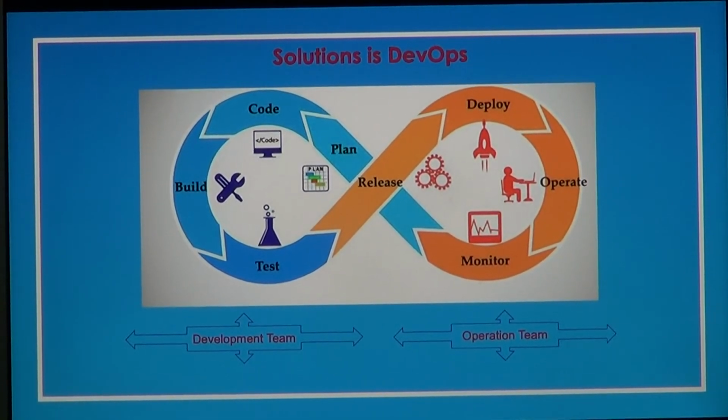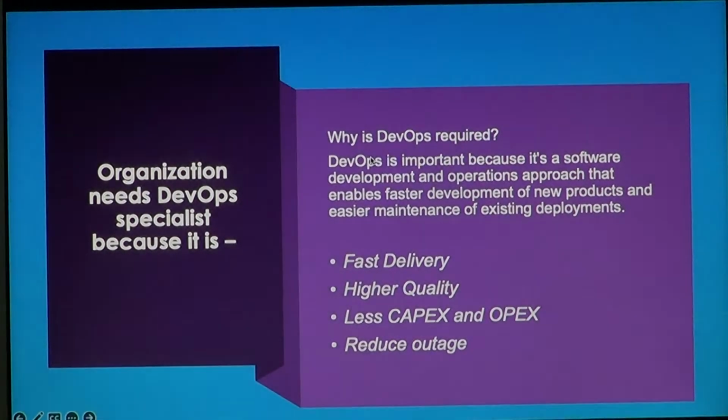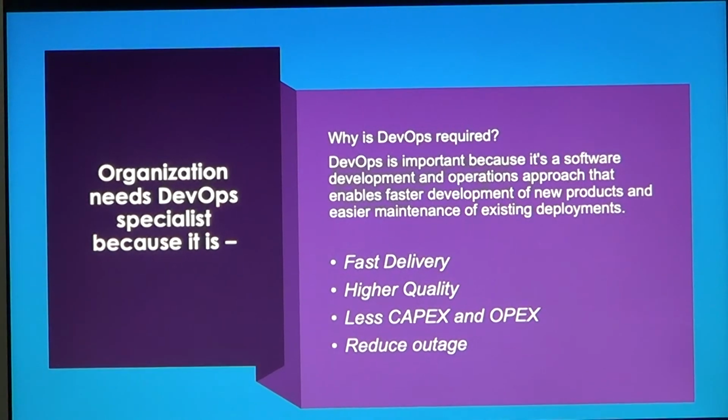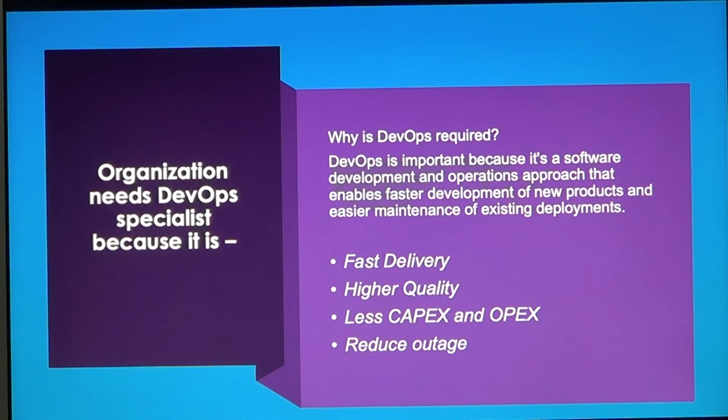It aims to shorten the system development life cycle and provide continuous delivery with high-quality and more reliable software. Now here again the question is, why is DevOps required? DevOps is most important because it is a software development and operation approach that enables faster development of new products and easier maintenance of existing projects or existing deployments.